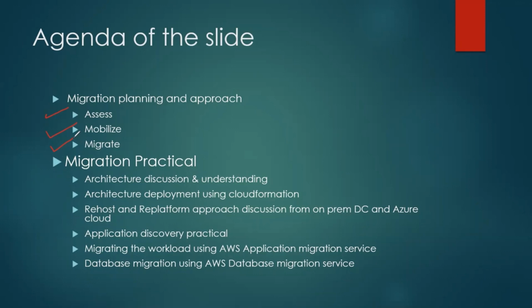After that, once everything is okay with the customer, we start migration of the workloads to AWS cloud. These are the basic things and how we plan migration and approach. And then after that, migration practicals.